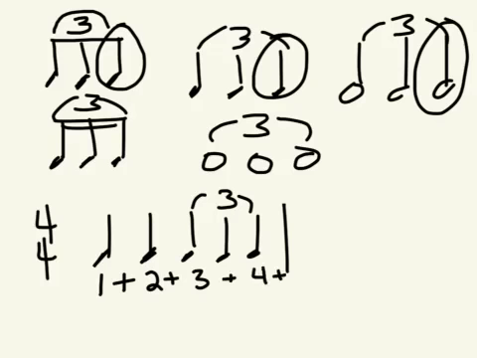So they'd all be kind of in weird spots, right? So if I were to clap that, if this were my tempo, 1, 2, 3, 4, it would be 1, 2, 3, 4. So they don't come right on the beat. Okay? Question? Sure.